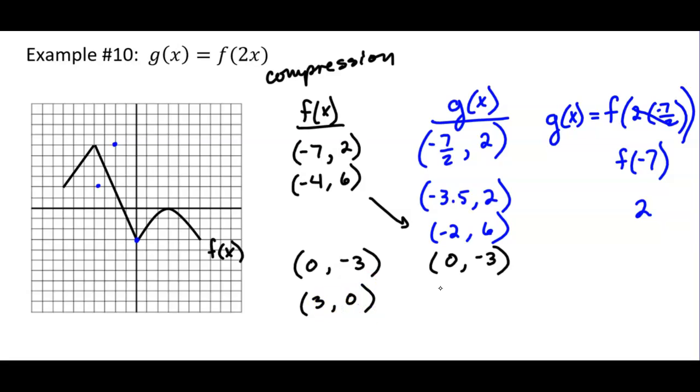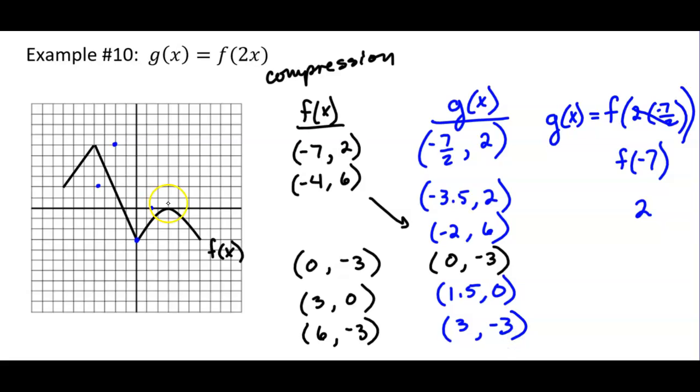So I'm going to cut that in half. I have to use my blue pen. So that's going to be 1.5, comma 0. And right there. And then my last point was 6, -3. So when I cut that in half, my input I'm cutting in half, 3, -3.